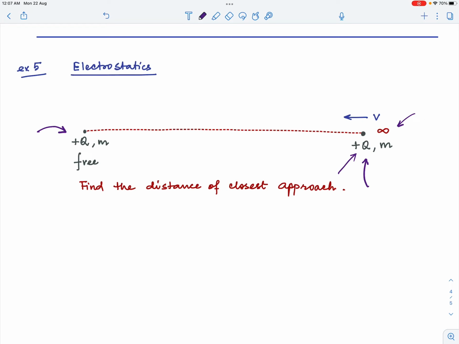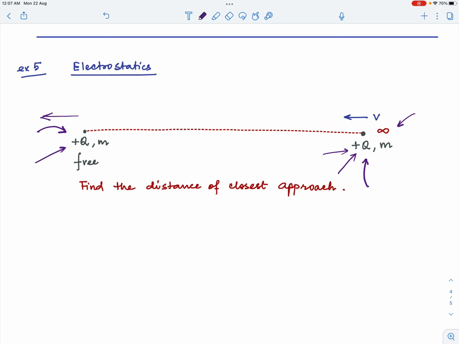And with time, this charge plus q, which is approaching the other plus q, will slow down. Also understand that because the first plus q charge is free, it is not tied anywhere, this will also start moving towards left because of the same repulsion.